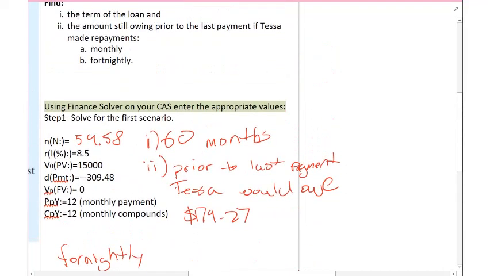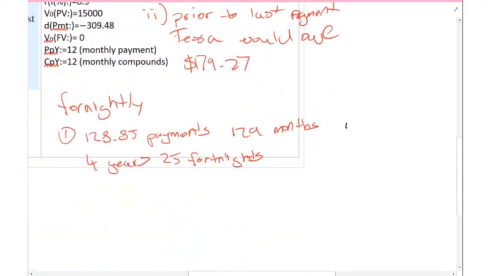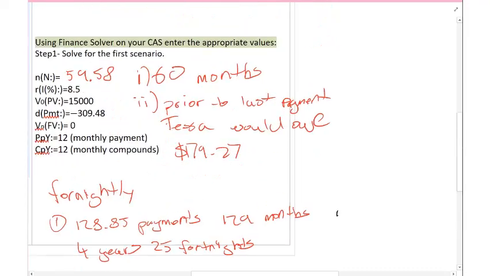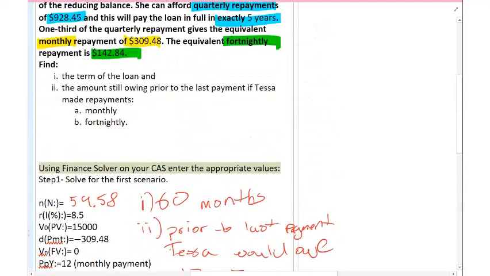All right. The amount still owing prior to the last payment: well, I'd look at the 128 part. So if I say N is 128, everything else here will be the same, except the payments will be slightly different.